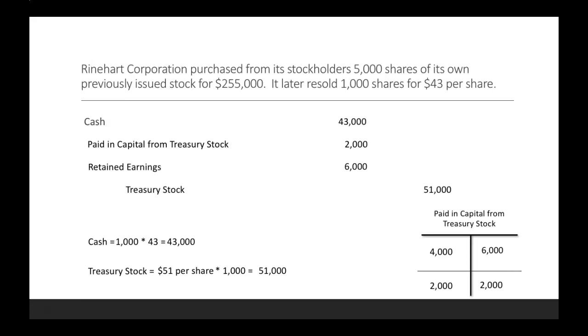It's money that your company has kept over the years from net income, right? So it's just money that will be used in transactions as needed. So here, since we sold our treasury stock at such a loss, we need to take money out of our retained earnings.